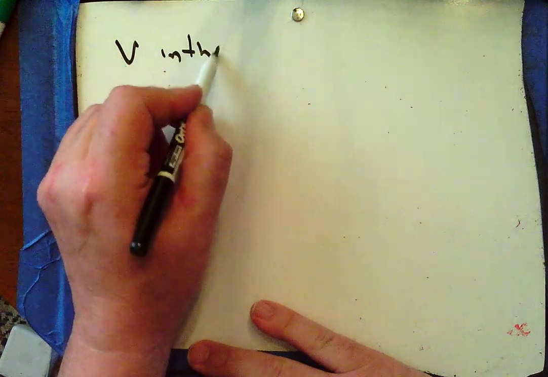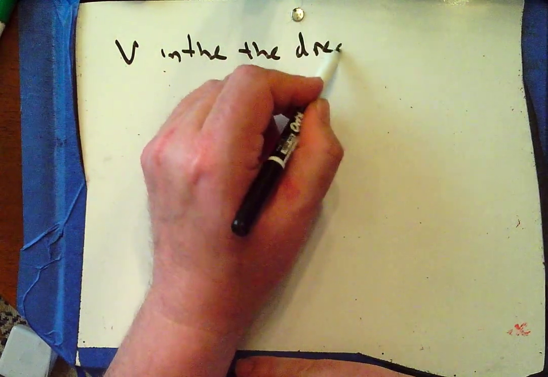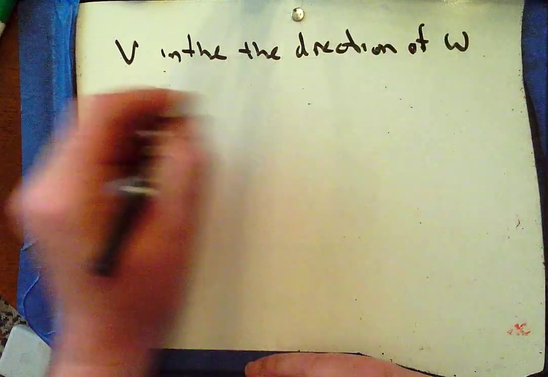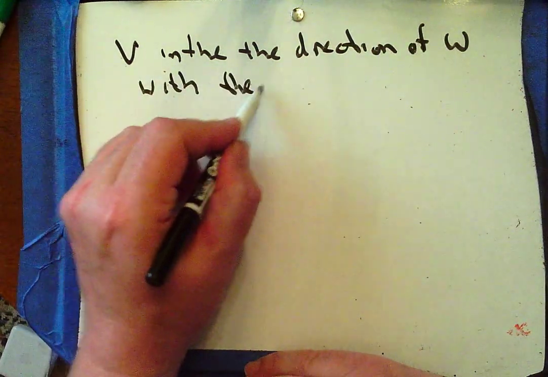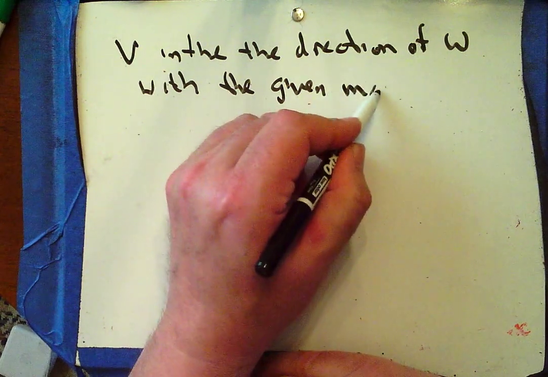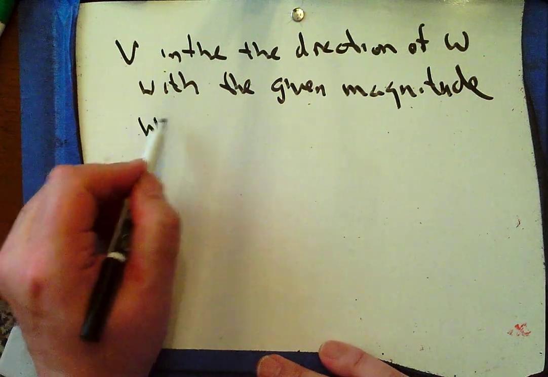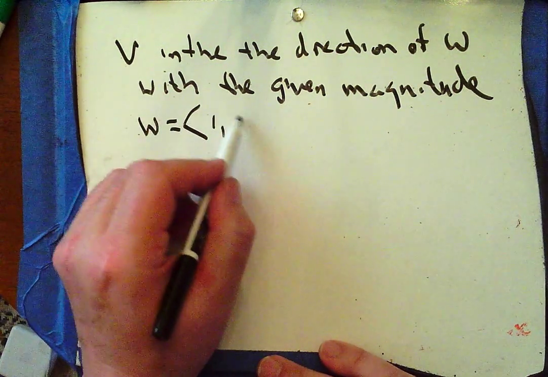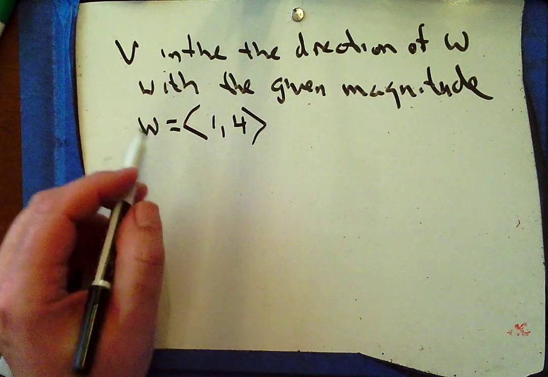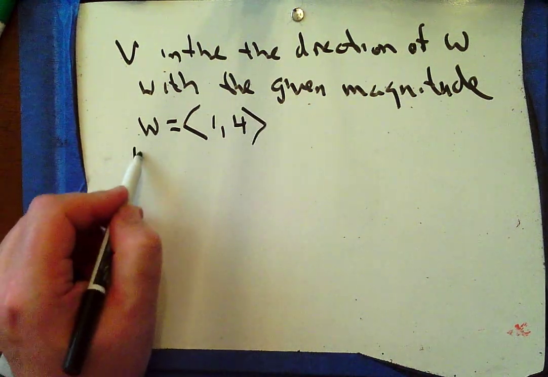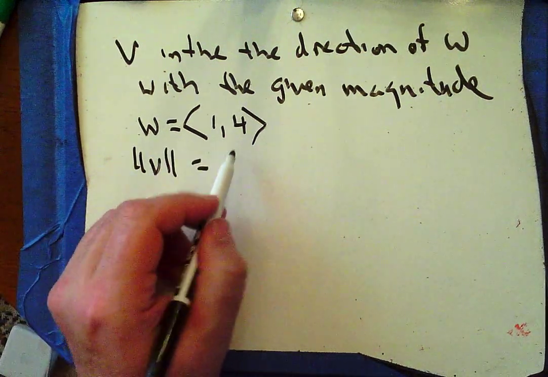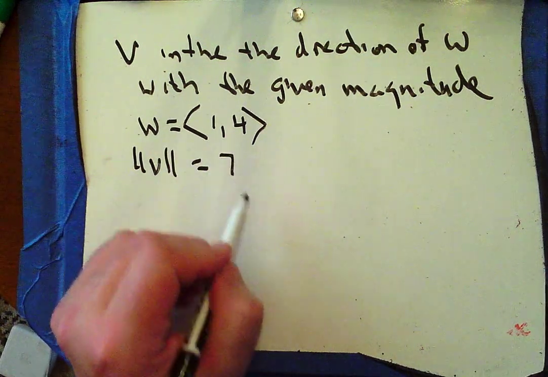And finally, the last thing that we had talked about in the last video was how do I do v in the direction of w with the given magnitude. So I'll say that w equals <1, 4>, and I'll say that the magnitude of v equals 7.